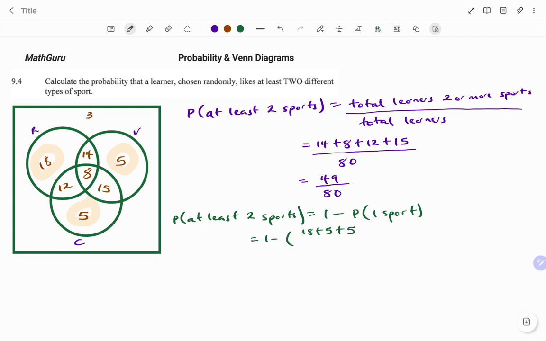Don't forget to add those outside the sample space, which is the 3. So I have plus 3. So that will be P 1 sport or less, divided by total number of learners, 80. That's 1 minus 31 over 80, and that will be 49 over 80.